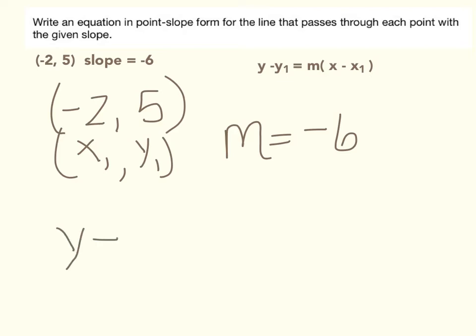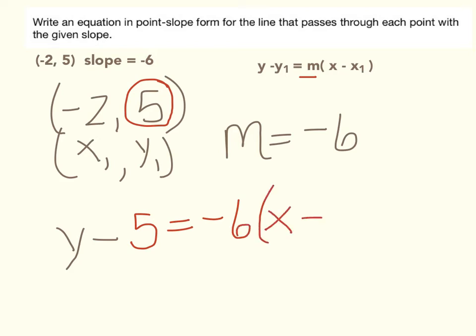Y minus, the value for y1 is 5, equals my slope, which is -6, times the quantity x minus x1, which is -2.